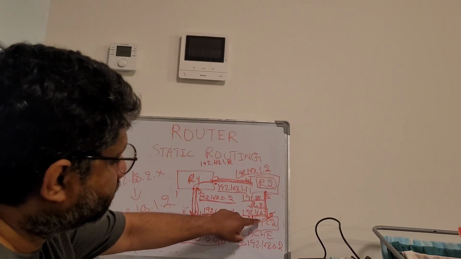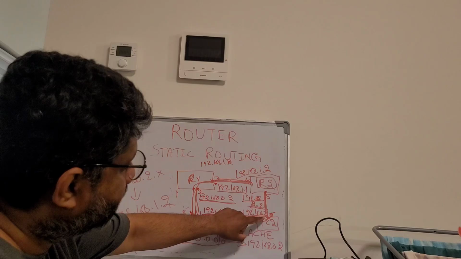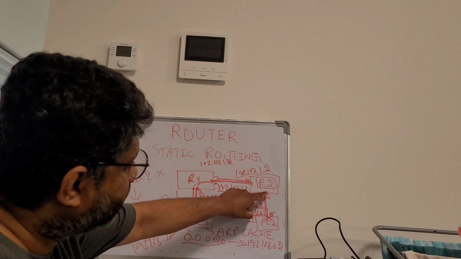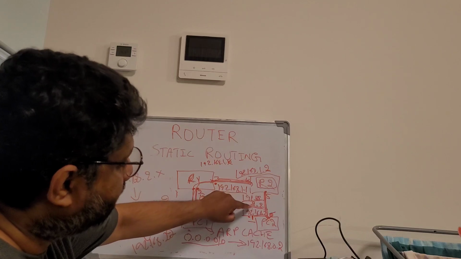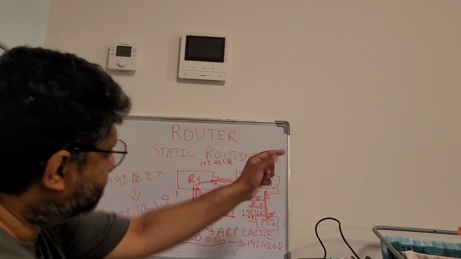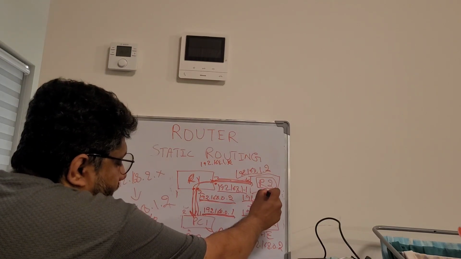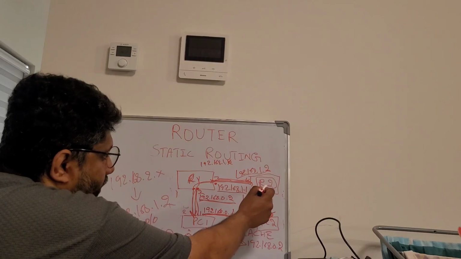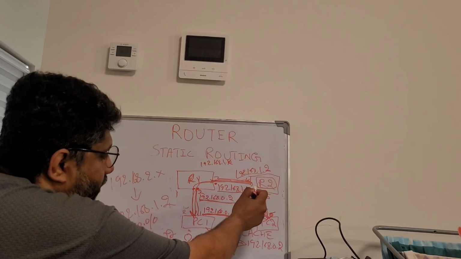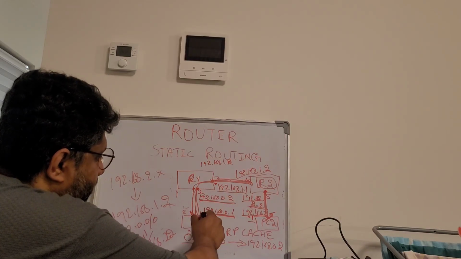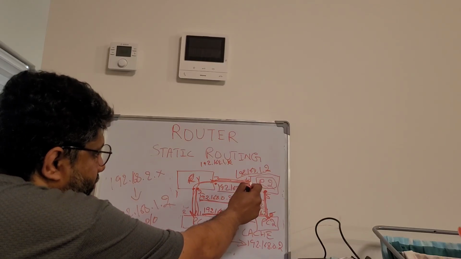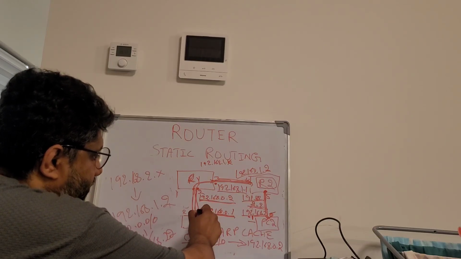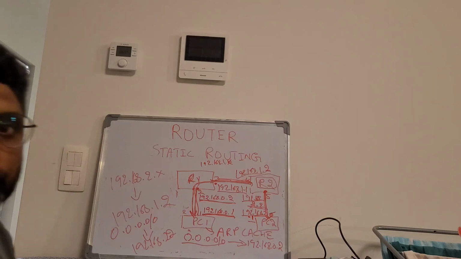So now PC2 knows, and sends an ICMP echo reply. We send it from 6 to 5, with 5 having the interface IP address 192.168.2.2. Once it reaches here, R2 knows how to reach 192.168.0.1 because we already put a static route here. So it will come here. So this is how the static route works.